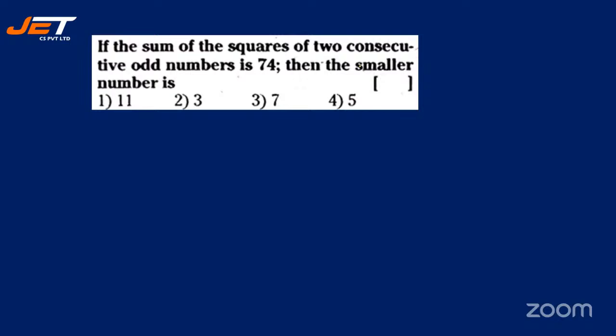If the sum of the squares of two consecutive odd numbers is 74, then the smaller number is dash. I'm giving you 1 full minute.